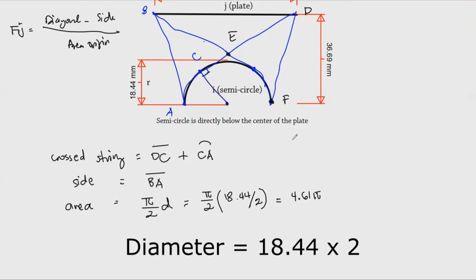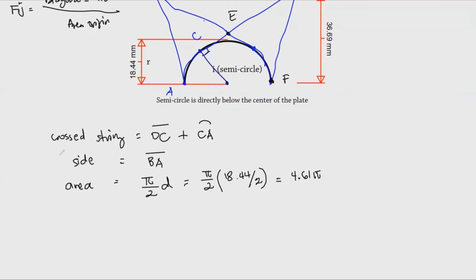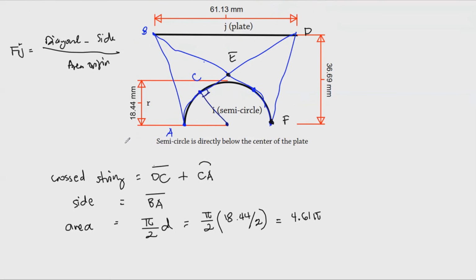So that is our area, since it is not pi d, it's pi over 2 d because it is a semicircle. So let's head into the side first, because as you can see here, the side is easier to solve.